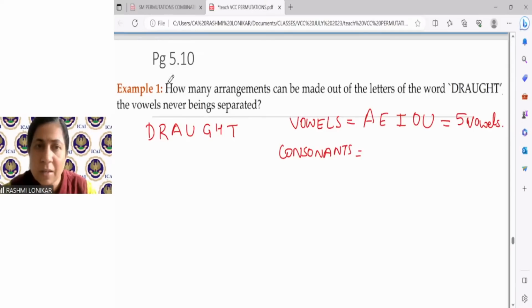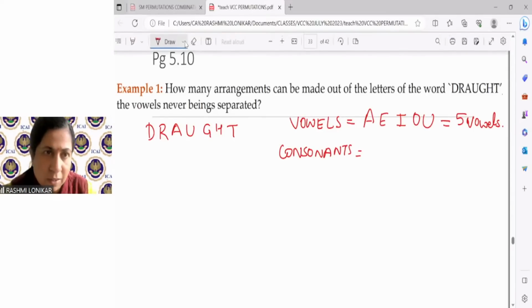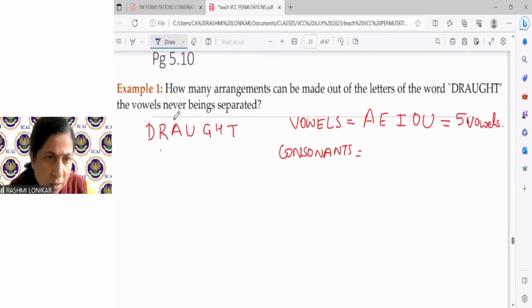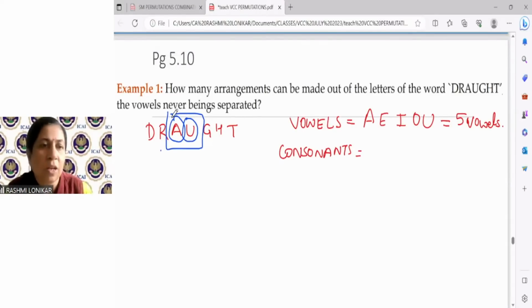Now in drought, what are the vowels here? O is a vowel, U is a vowel. The vowels are never separated, so they will always be together. How many letters are there? 1, 2, 3, 4, 5, 6, 7.